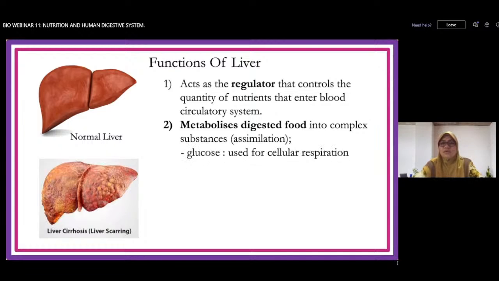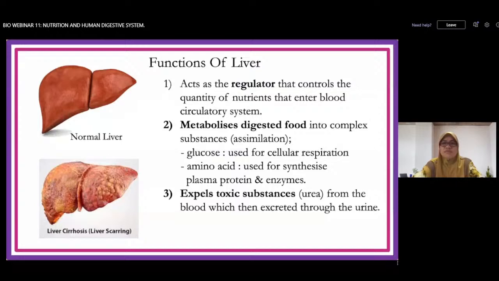Apa dia digested food tu? Glucose, amino acid. So glucose ni it is used for cellular respiration. Amino acid it is used to synthesize plasma protein and enzyme. Now the third one, function of liver to expel toxic substances, that is urea from the blood, which then will be excreted through the urine.